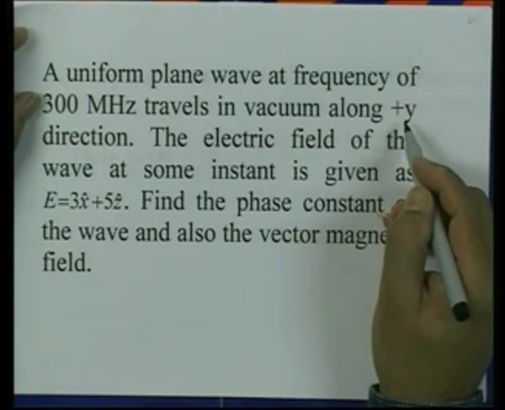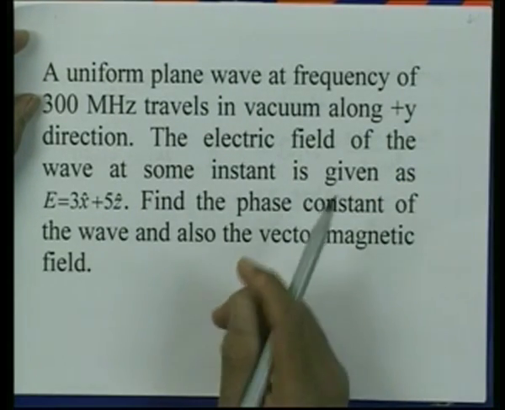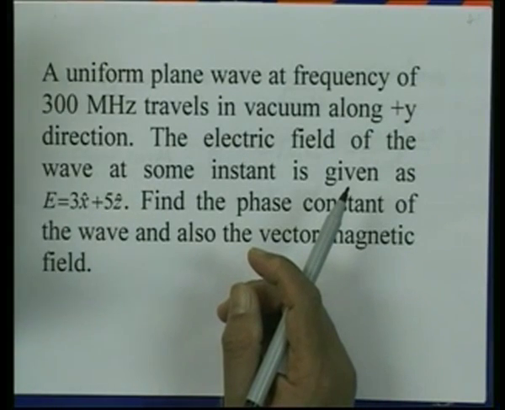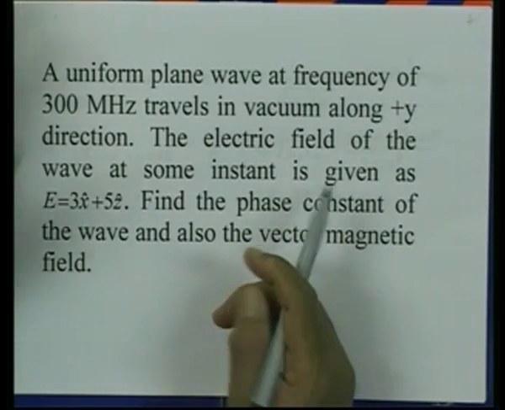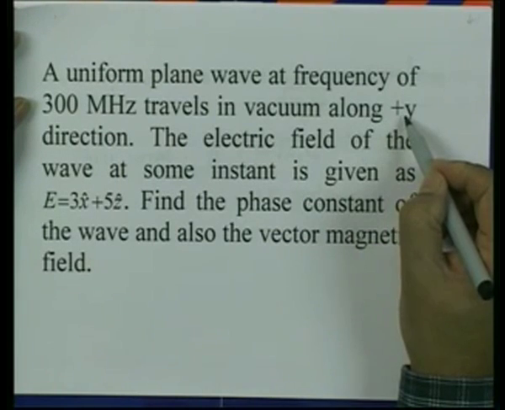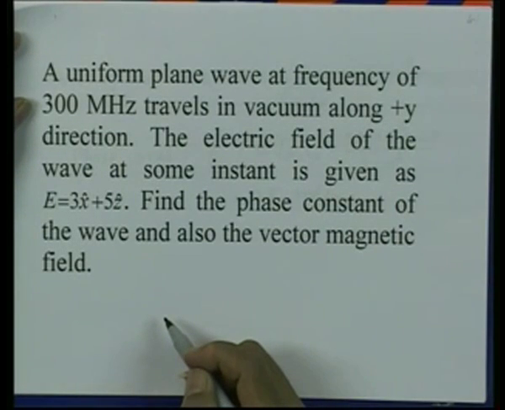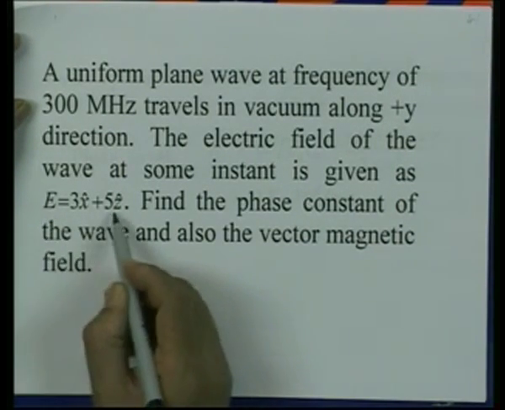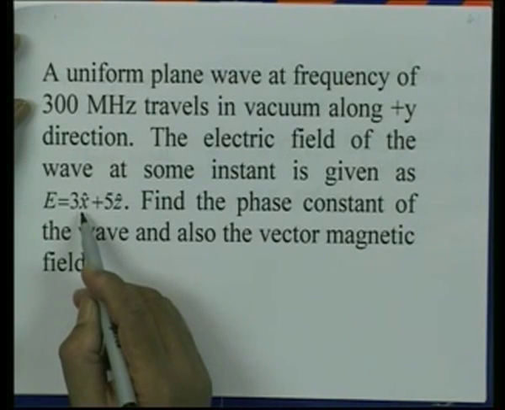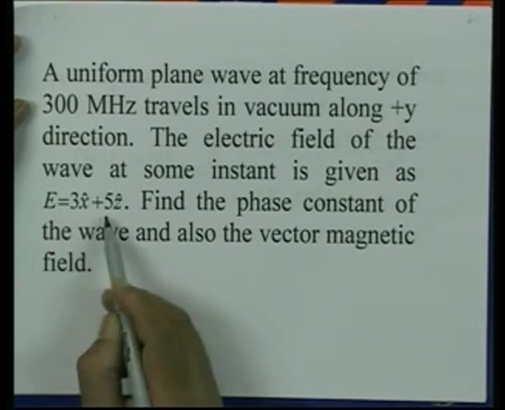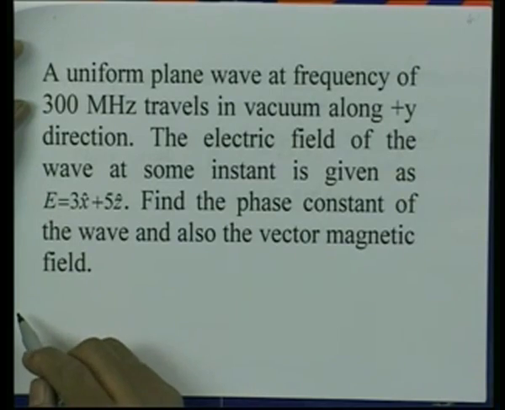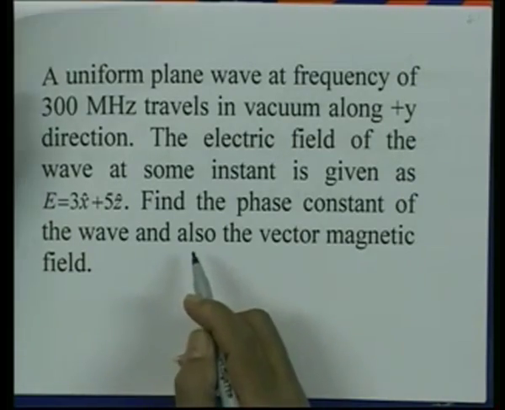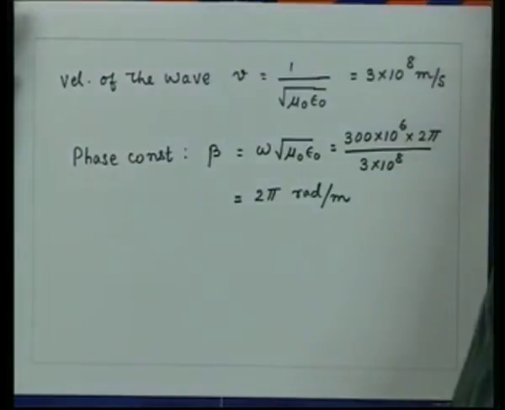So, that means the electric and magnetic field vectors both lie in the x z plane. The x z plane is the plane which is perpendicular to the plus y axis. The E which is given here has components in the x and z direction. So, this vector lies in the x z plane. The magnetic field vector also would lie in the x z plane.